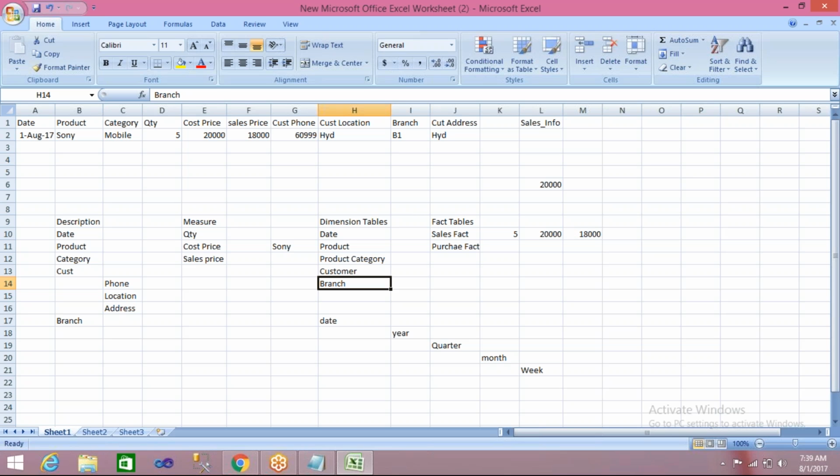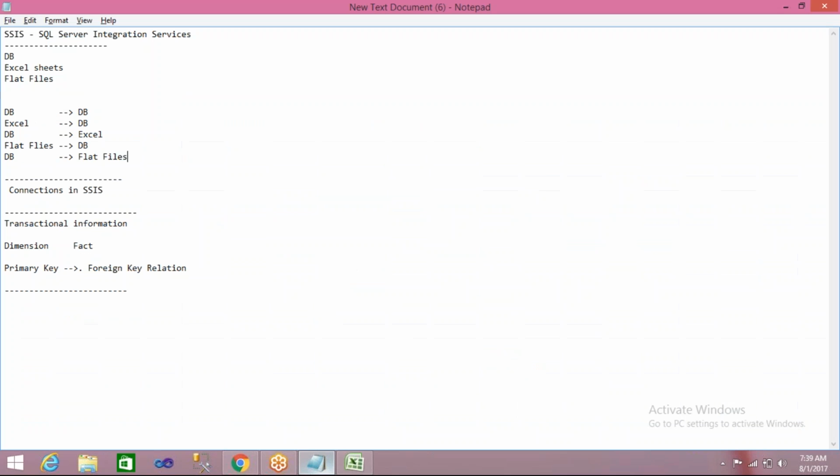But when you are talking about loading the data, you have to interact with SSIS. In SSIS, to interact with the source and to interact with the destination, we have predefined components defined in SSIS. All we need to do is select the component, give the connection name, and then pull your table name.